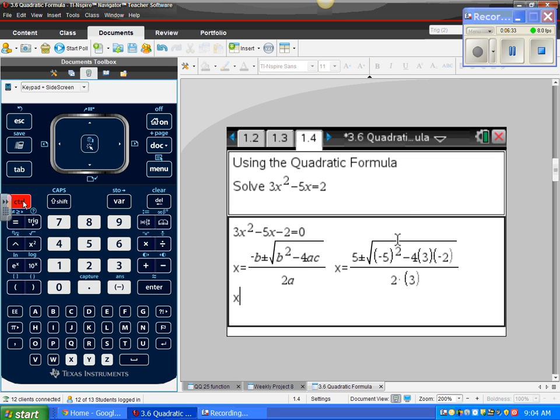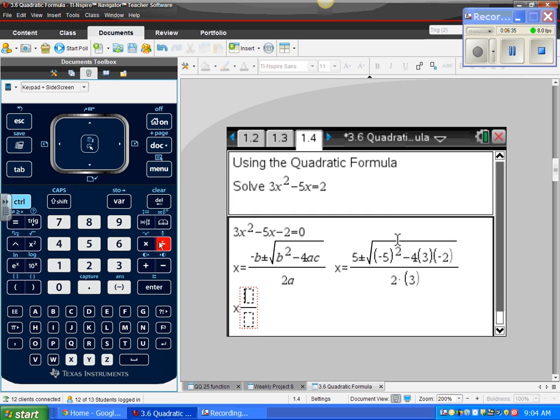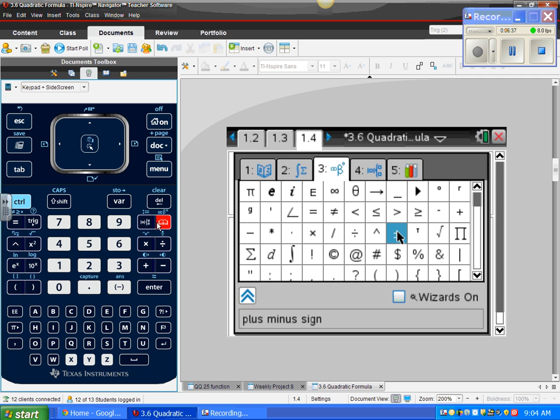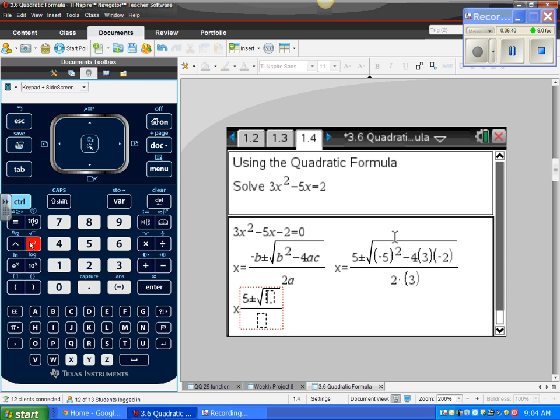Okay, so the next thing I need to do is simplify this out. I know that I'm going to keep that 5 out front. So what I'm going to deal with first is what's underneath the radical. The easiest way to do this is to take that radicand and pop it in the calculator.